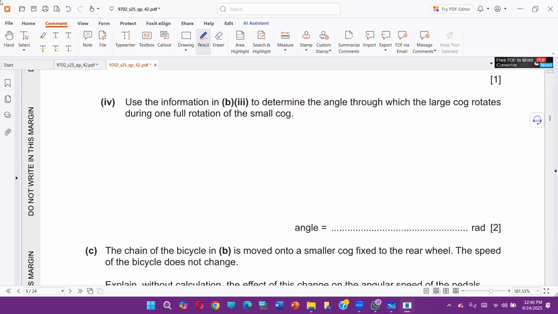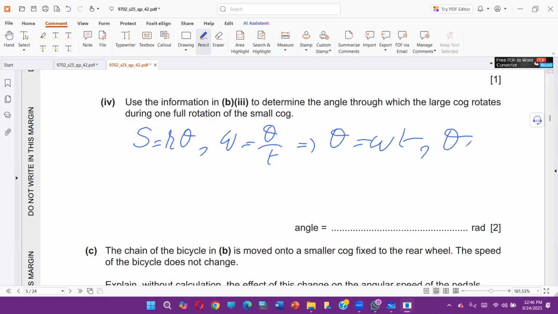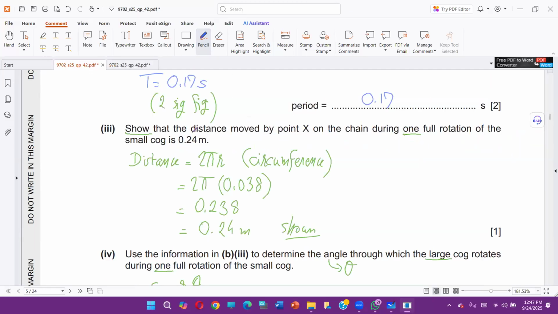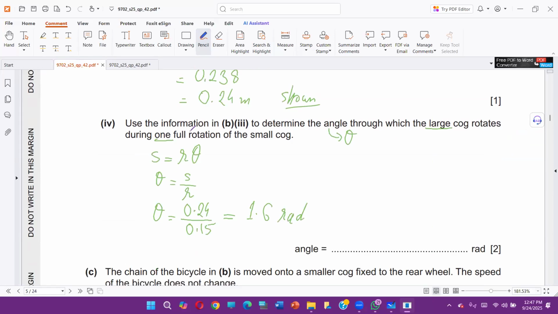Second formula, omega is equal to theta upon t, which means theta is equal to omega t. Another formula which can calculate theta is 2 pi. Now, which suits me here? S is equal to R theta will give me the answer in radian. Good. Do the working quickly.